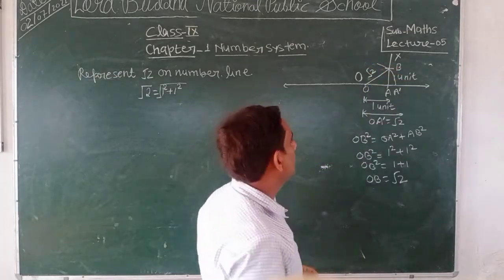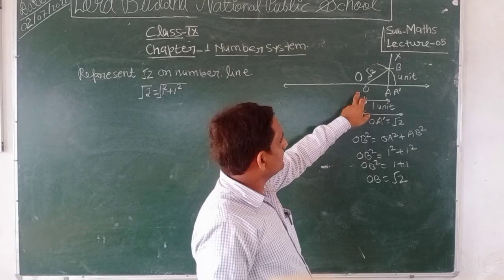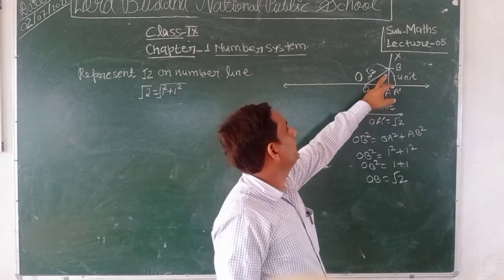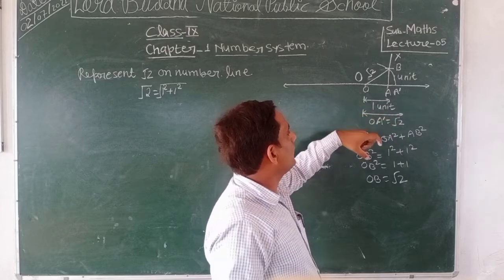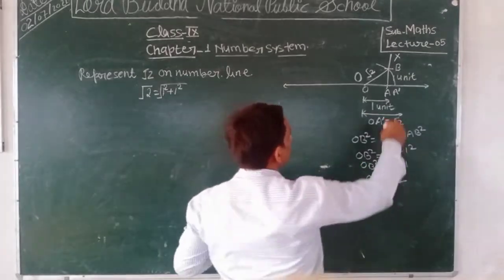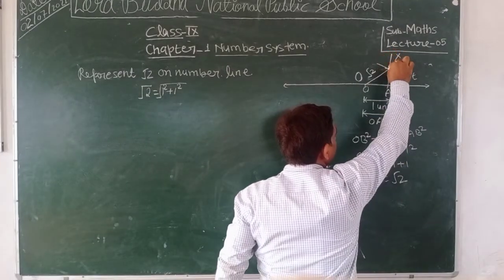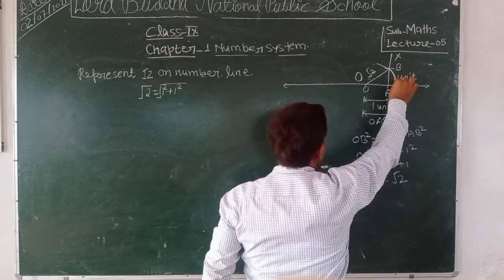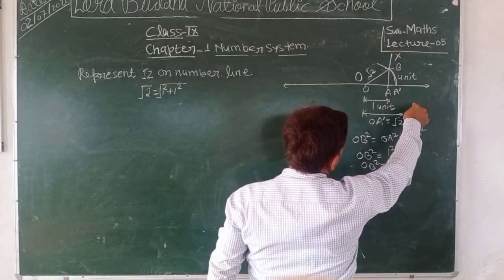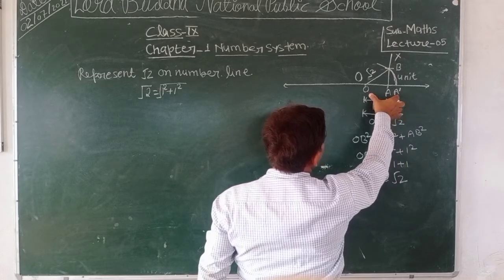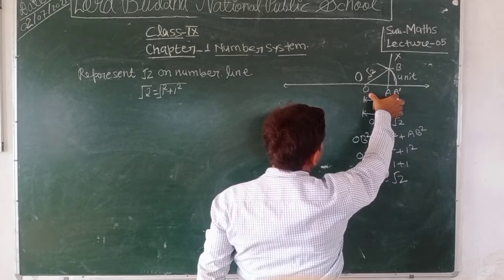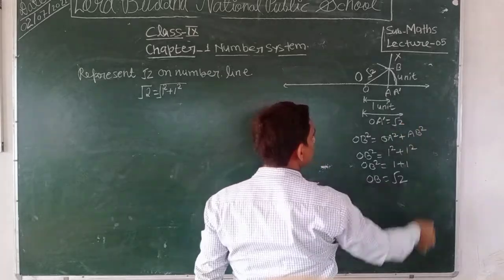Now, we take O as center and OB as radius. With the help of a compass, we draw an arc which cuts the number line at point A dash. The length of OA dash represents root 2.